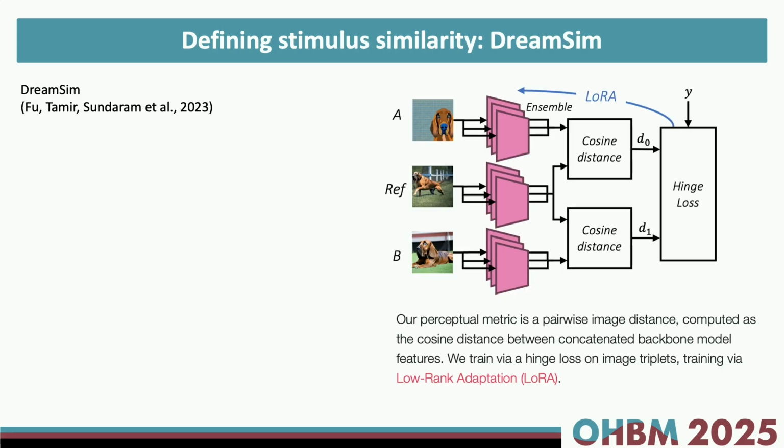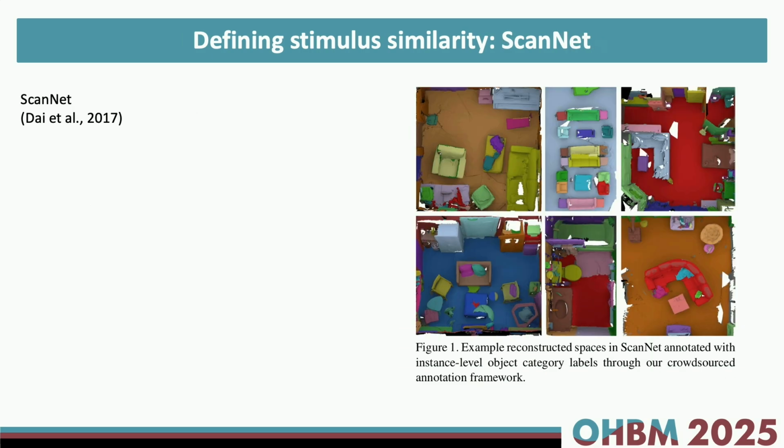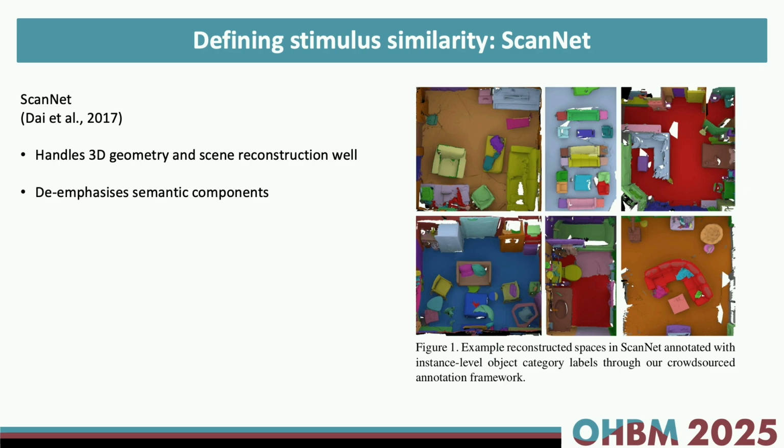We also used DreamSim, which is trained on perceptual similarity and confusability ratings obtained from human participants. This assesses image similarity in a more holistic way, and thus potentially aligns more closely with human psychological aspects of perception. And finally, we used ScanNet, which handles 3D geometry and scene construction quite well, and de-emphasizes aspects such as semantic components.